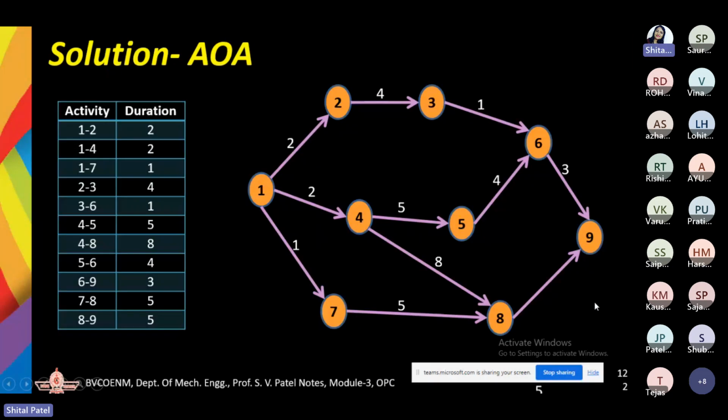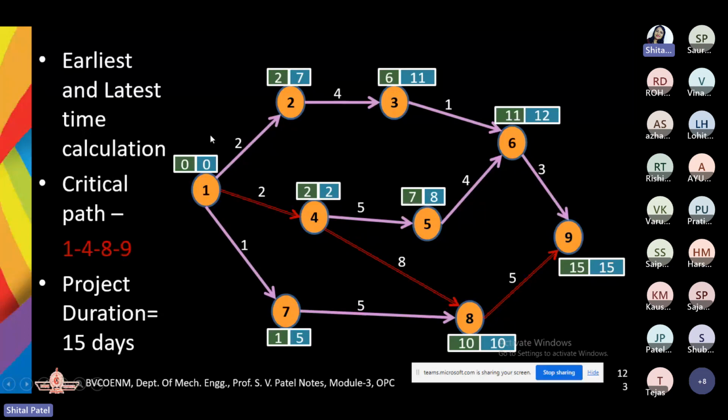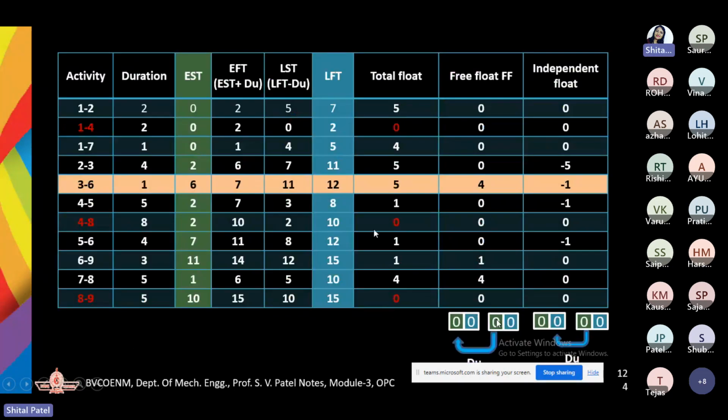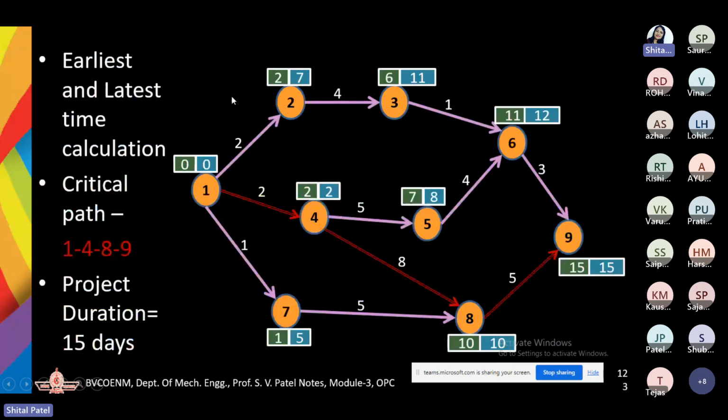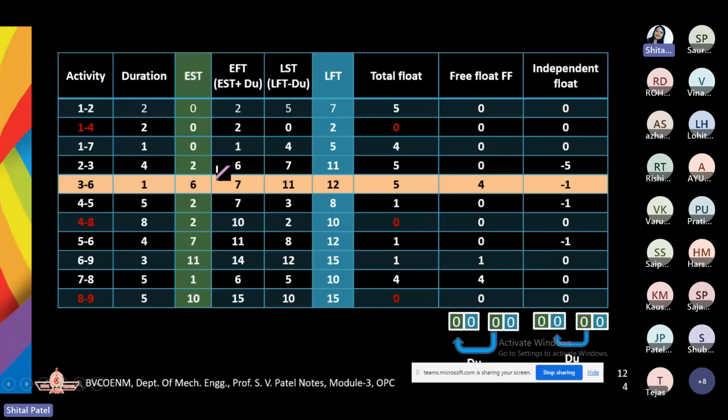Okay, now see here. Instead of early start time, early finish time, latest start time, latest finish time, I'm more interested in this one, so I've considered it this way, right? As I told you, I'm more interested in earliest start and latest finish. Clear? Because earliest finish time, we can get by adding the duration to the earliest start time.